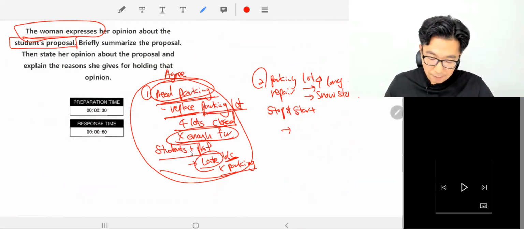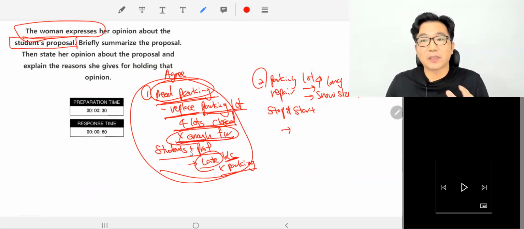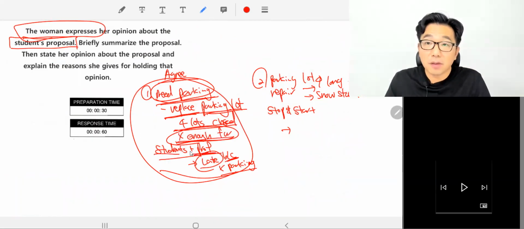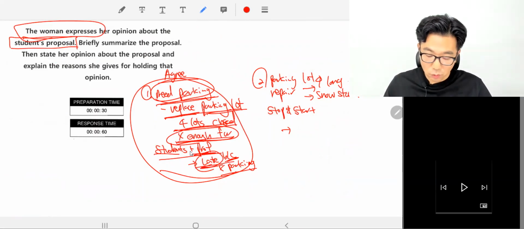And 4 parking lots were closed during the semester, and that's not enough space for students and professors. So that's very disruptive. And I'm going to add, some students and professors were even late to class because they couldn't find parking. That's how I'm going to say it, right?